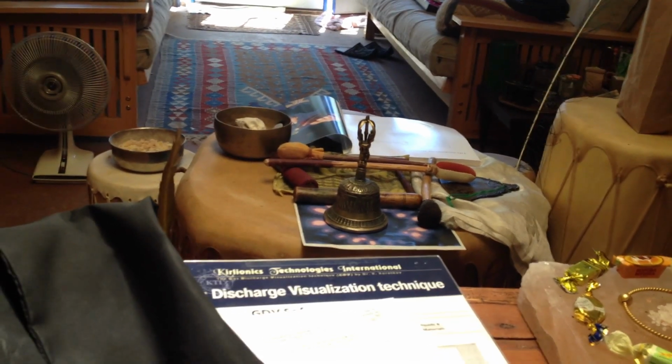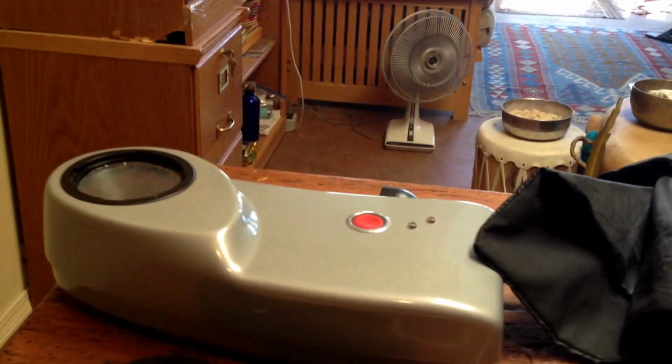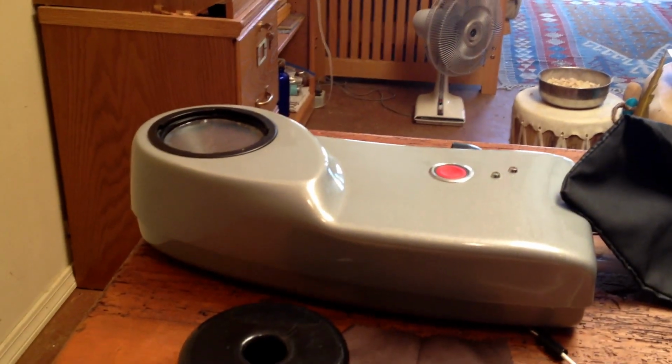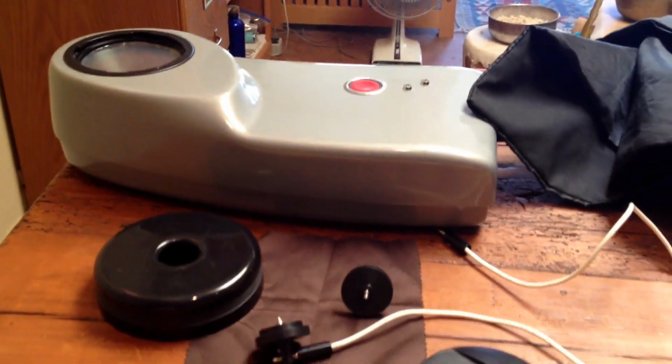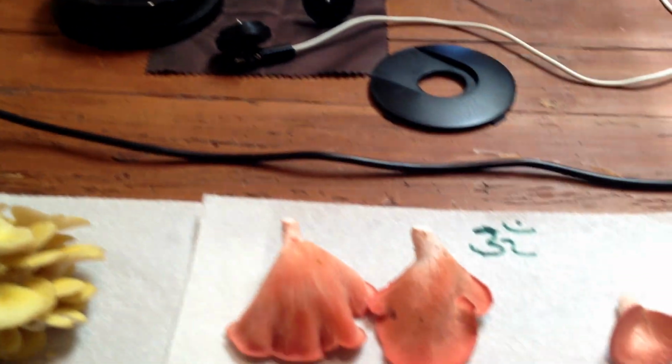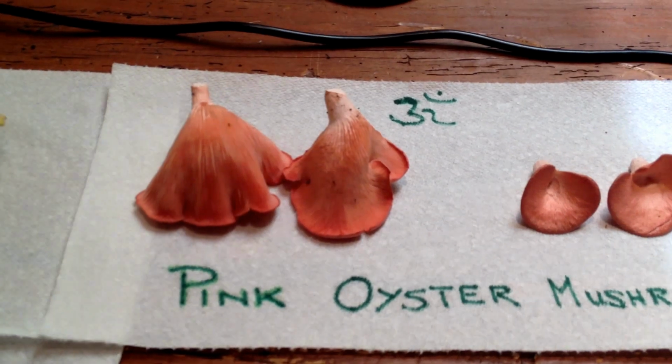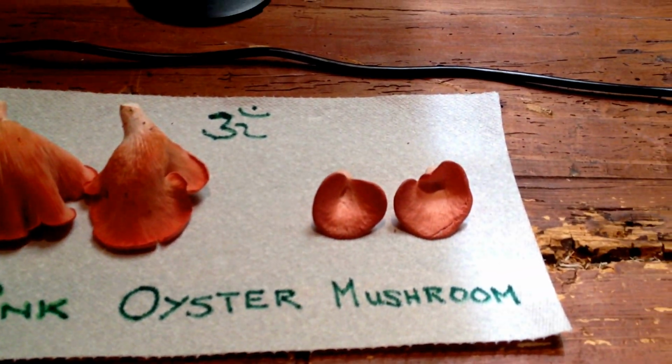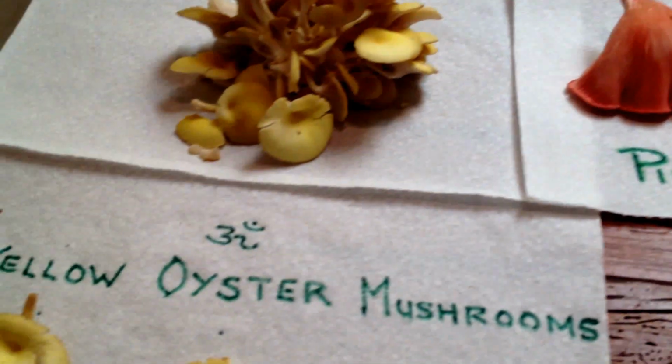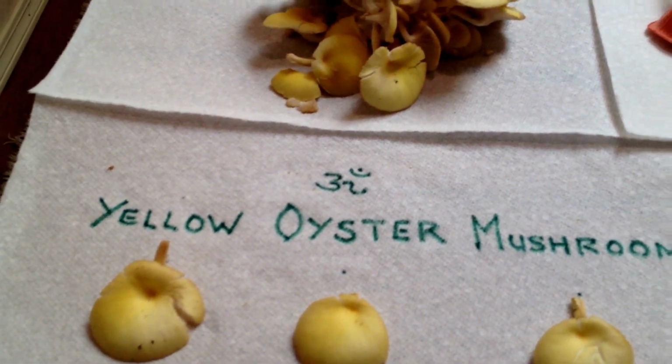July 20, 2013, in Taos, exploring deeper levels of our electric universe with dear Dr. Korotkov's GDV. Today at the farmer's market, came across Alfred's magnificent oysters, pink oysters and yellow oyster mushrooms.